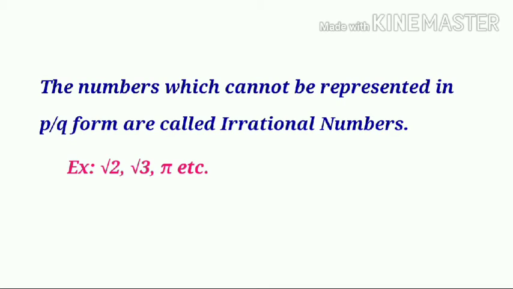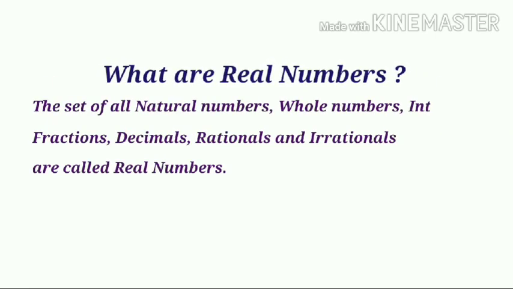Till now, we have discussed what are natural numbers, whole numbers, integers, decimals, fractions, rationals and irrationals. But what are real numbers? The set of all natural numbers, whole numbers, integers, fractions, decimals, rationals and irrationals are called real numbers, and it is denoted by capital R.